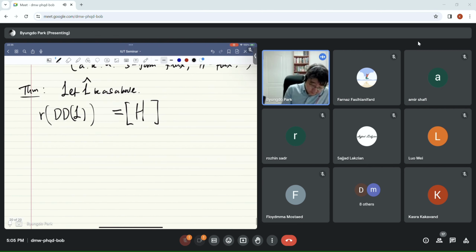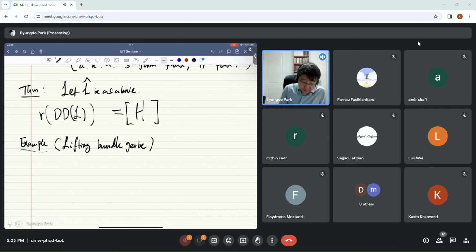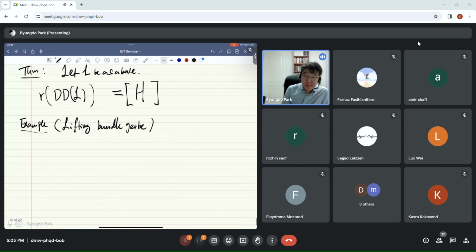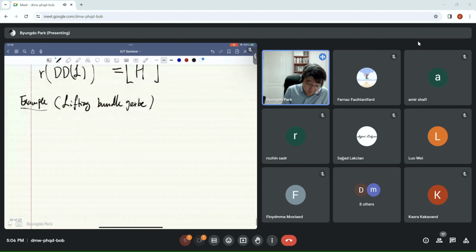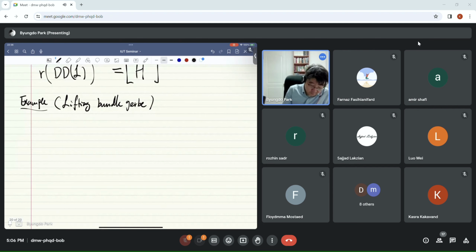Okay, so now let me give you an example. This is called the lifting bundle gerb. This is pretty similar to what we considered earlier about how these gerbs arise.